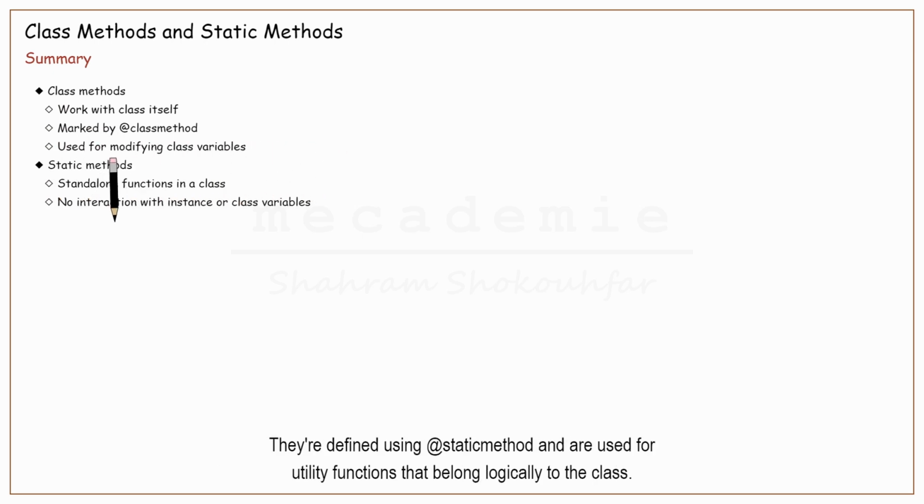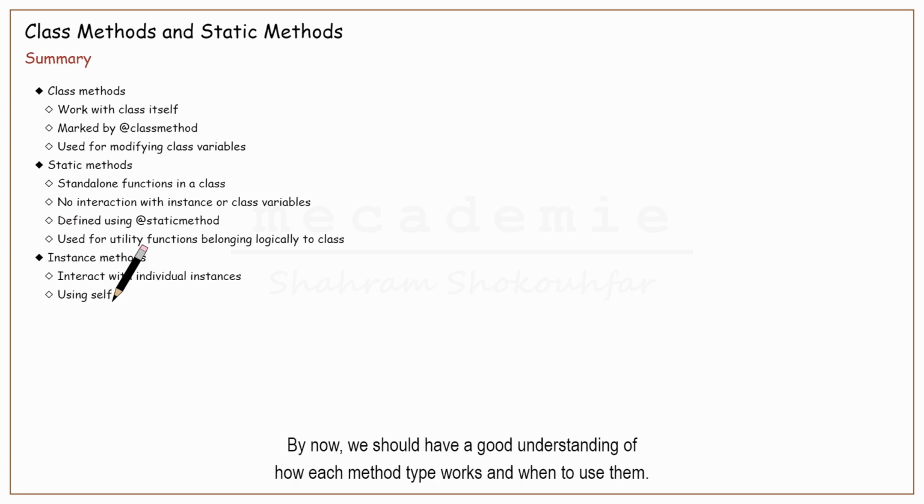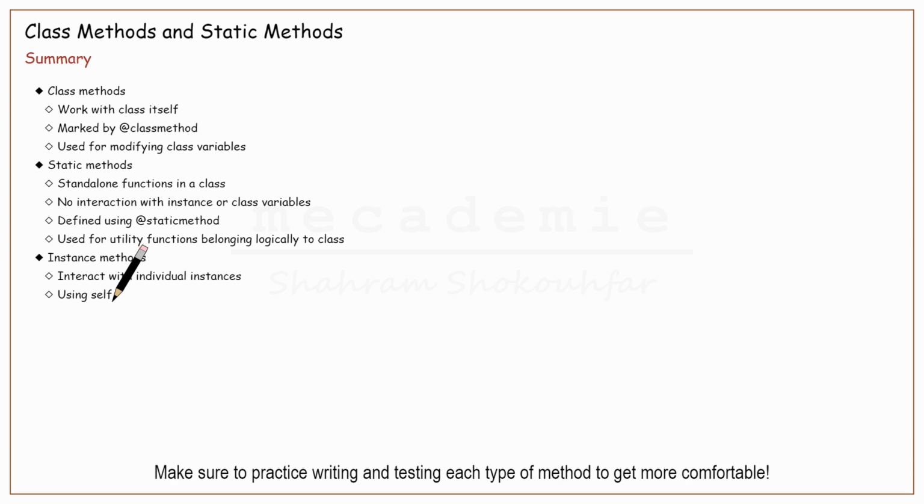They're defined using @staticmethod and are used for utility functions that belong logically to the class. We also touched on instance methods, which interact with individual instances using self. By now, we should have a good understanding of how each method type works and when to use them. Make sure to practice writing and testing each type of method to get more comfortable.